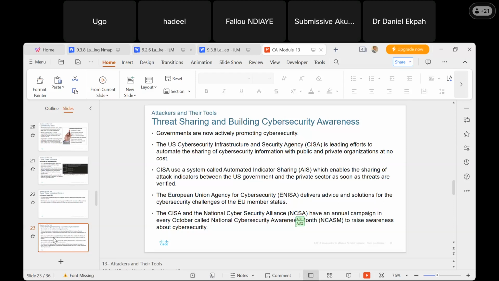And still on the Cybersecurity Infrastructure and Security Agency and the National Cybersecurity Alliance, they have an annual campaign every October called National Cybersecurity Awareness Month to raise awareness about cybersecurity, because people need to know what is happening and then know how to mitigate against this attack.